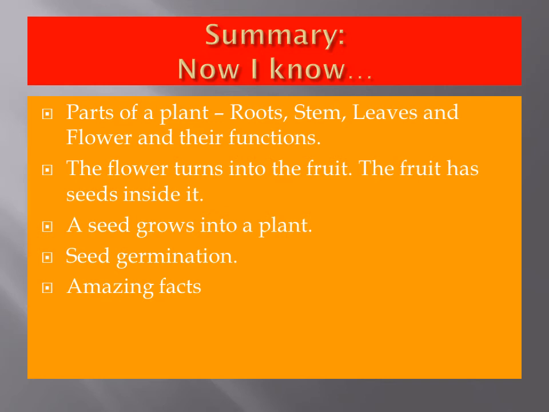Okay? The flower turns into the fruit. The fruit has seeds inside it. A seed grows into a plant. Then you have also learned about seed germination and the amazing facts.